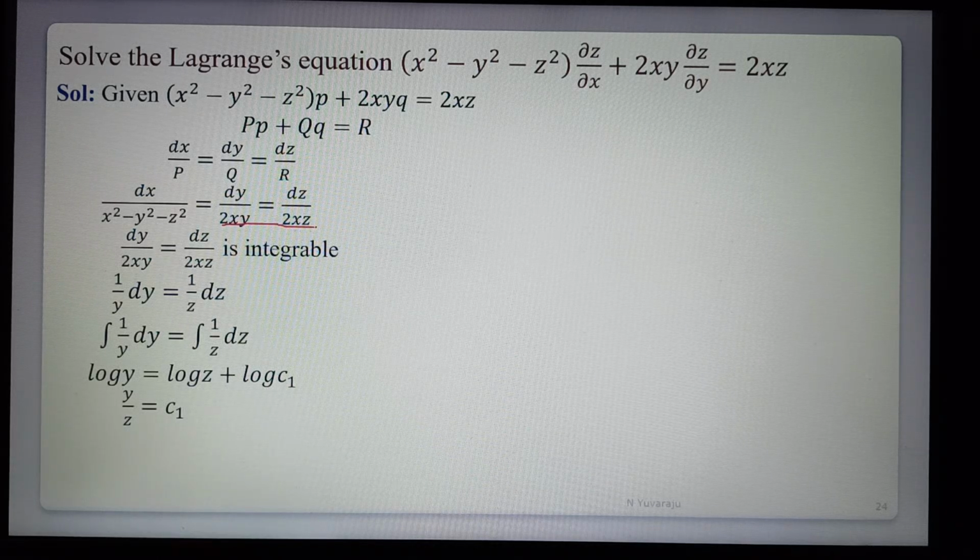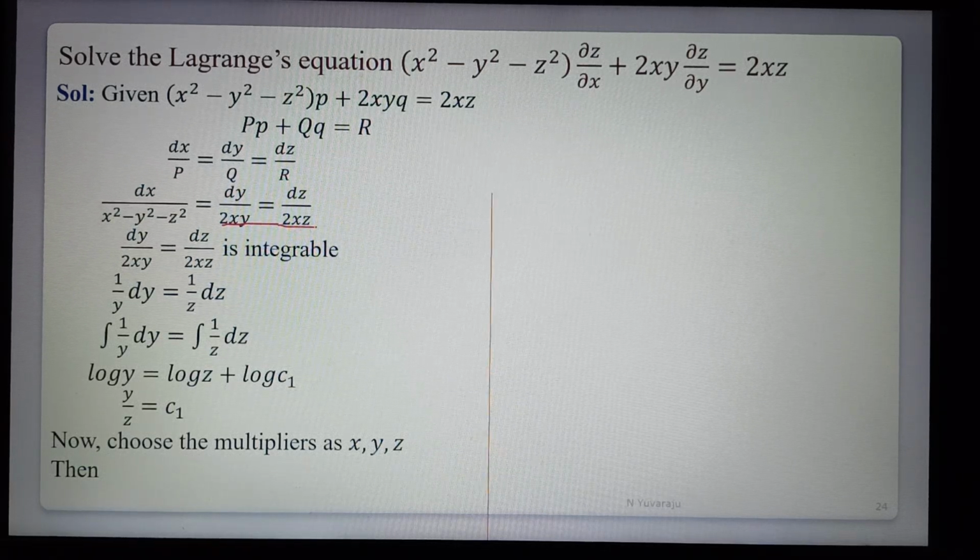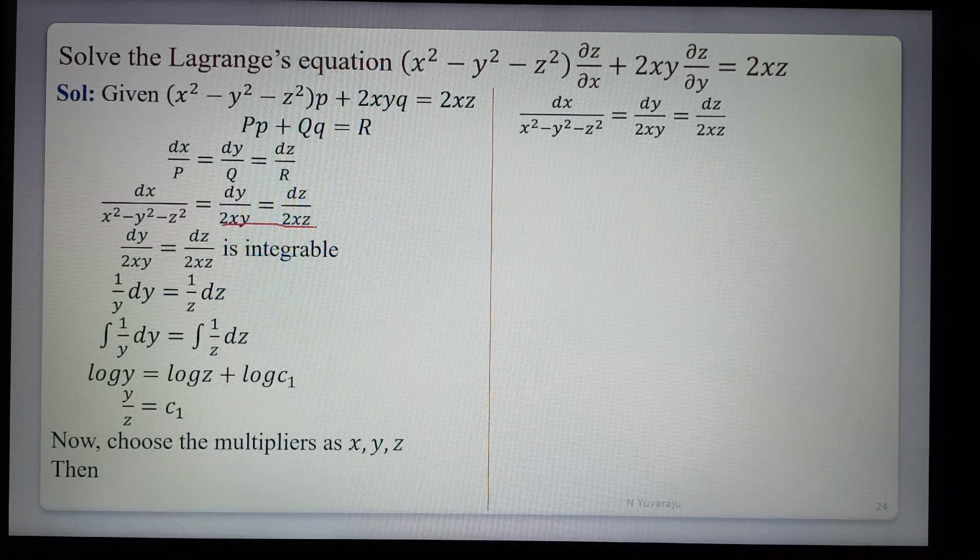So now choosing the second case of the method of multipliers, that is choosing multipliers such that the denominator is not equal to 0, so that the total equation can be written in the form of the derivative of some function. Choosing the multipliers x, y, z, the given auxiliary equation can be written in the form (x dx + y dy + z dz) / (x(x² − y² − z²) + 2xy·y + 2xz·z).